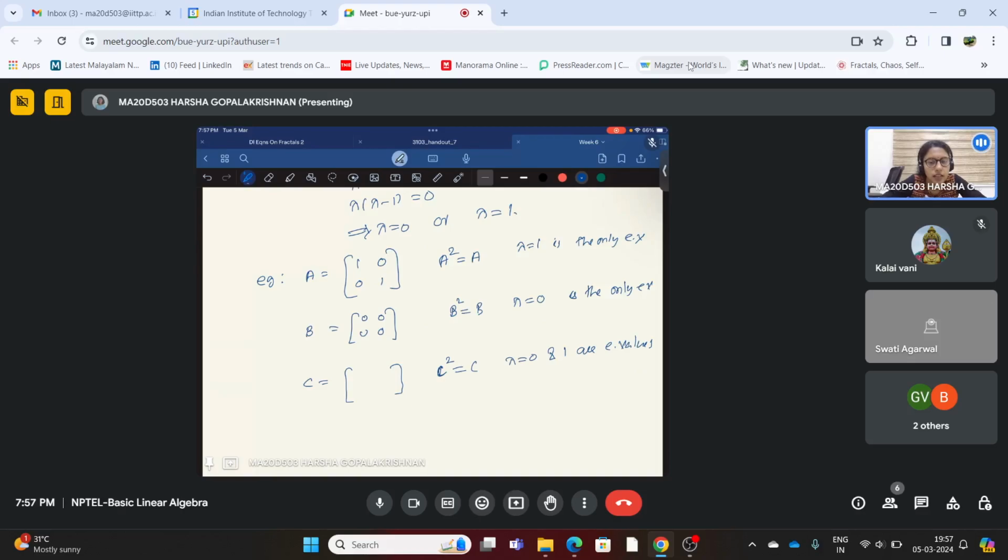No, the only possibilities are 1 and 0. So my question is an example which contains both 1 and 0 as eigenvalues.